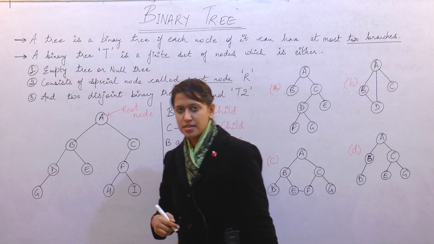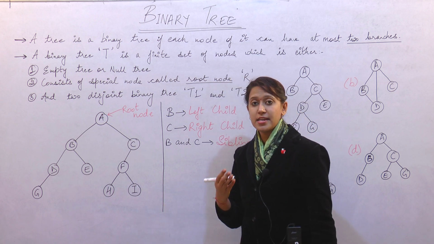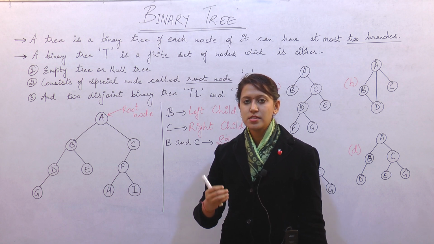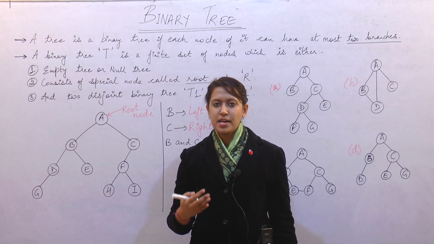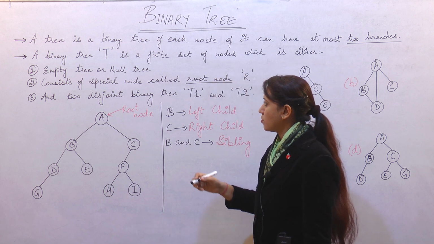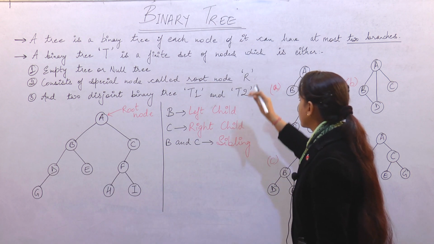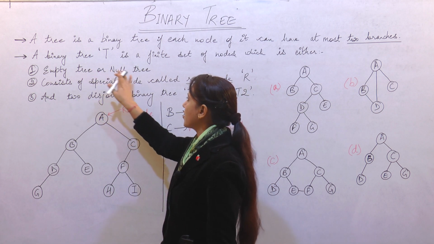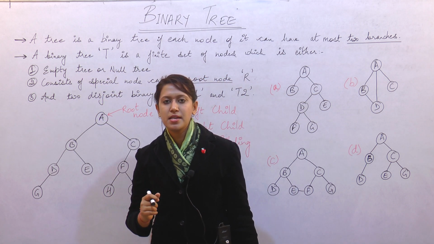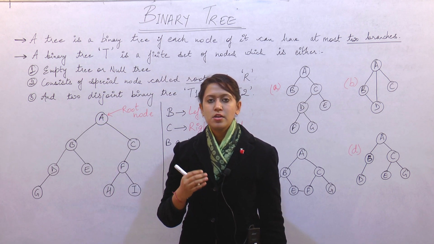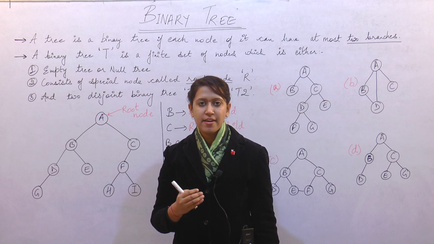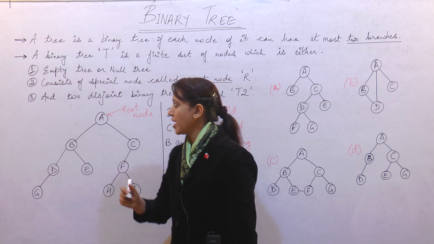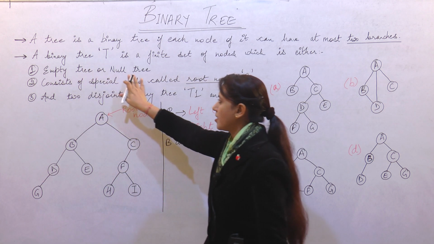As we have just discussed, any node in a binary tree can have zero branches, one branch or at most two branches. An empty tree or null tree means a node that has no left subtree or right subtree.